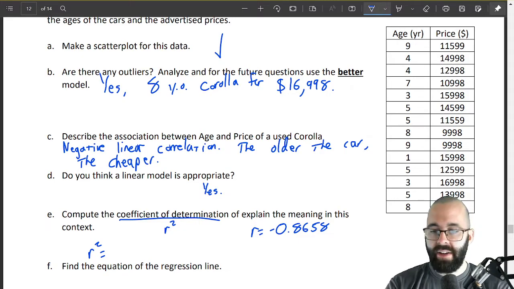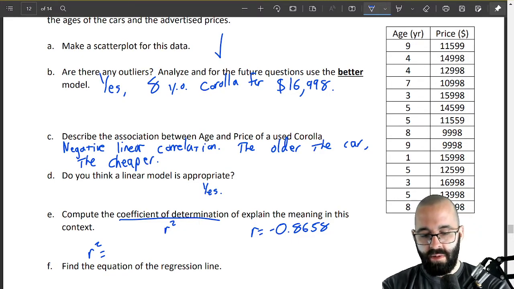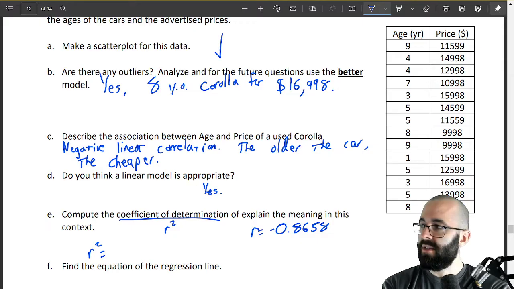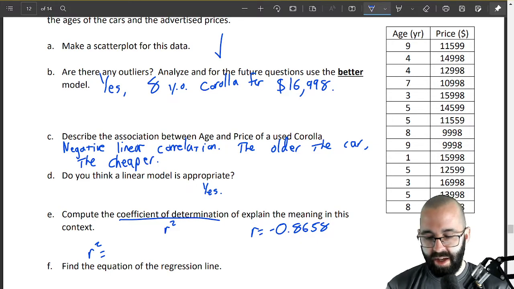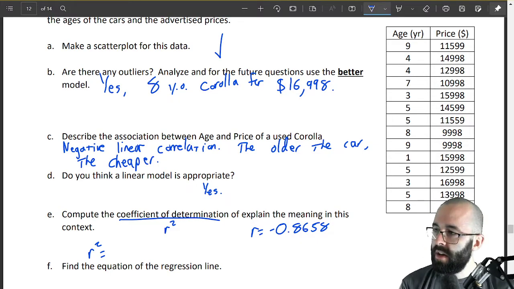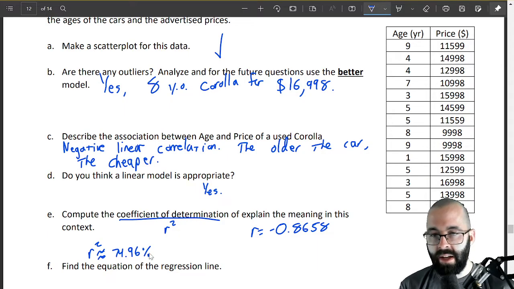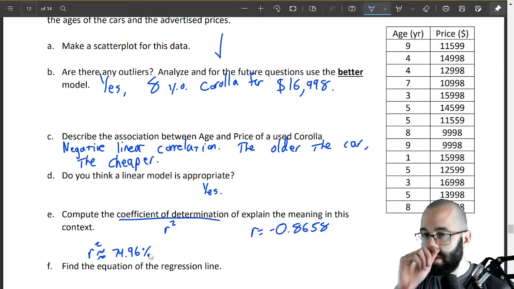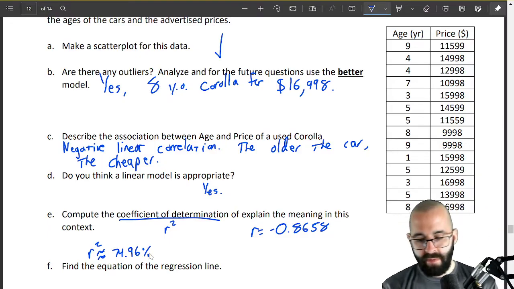So if we square this value, negative 0.8658, it does become positive, it always will. R squared is about 74.96%. Again, R squared is usually written as a percent.